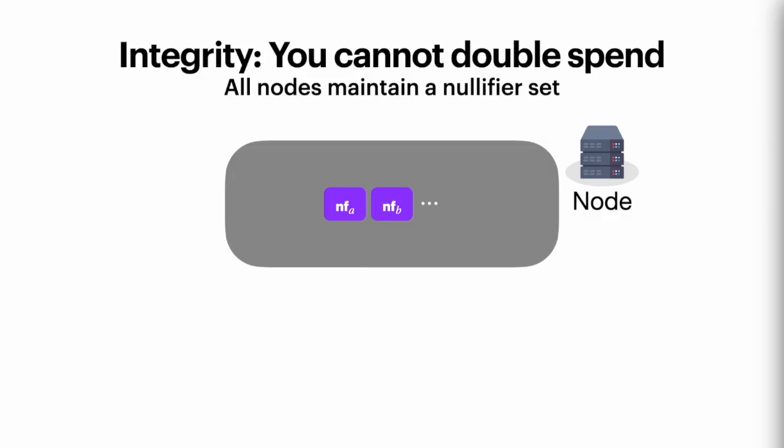This is just going to be a set, nothing particularly fancy. When we do a spend, we're going to reveal the nullifier associated with the note, so that's NF sub A and NF sub B and so on. Once revealed, you cannot spend the same note again. So nodes will check that the nullifier has not been revealed in a previous transaction or elsewhere in this transaction.